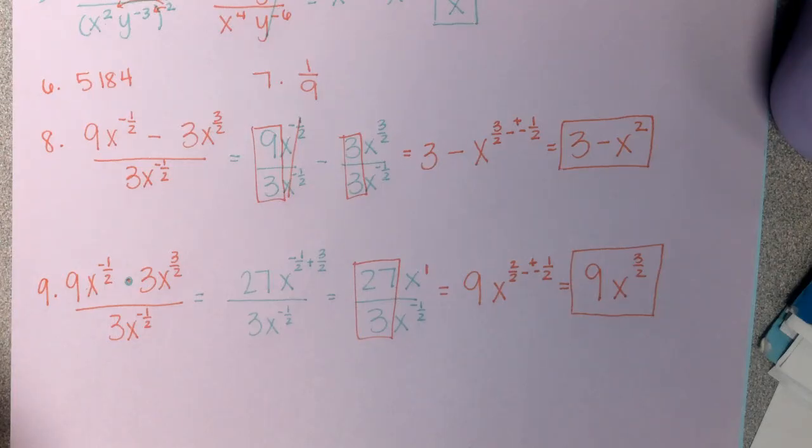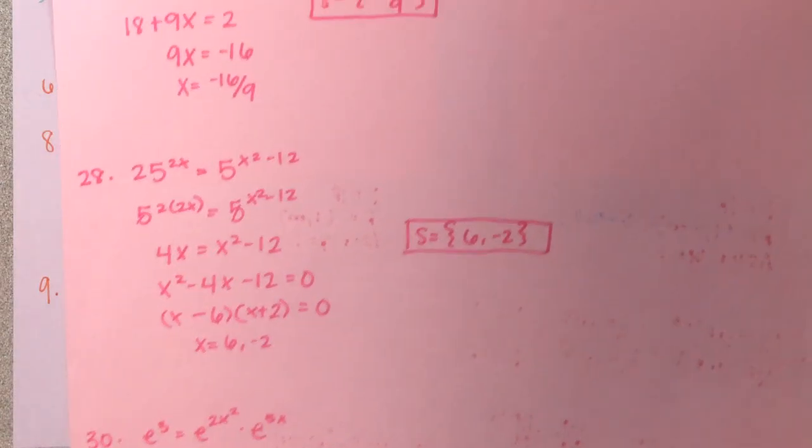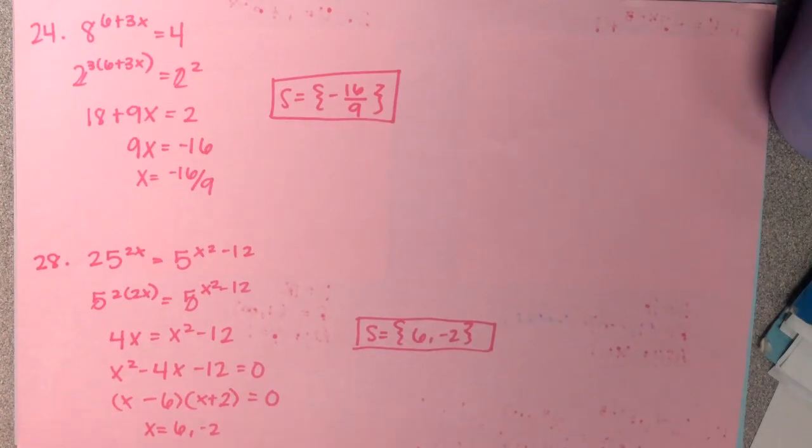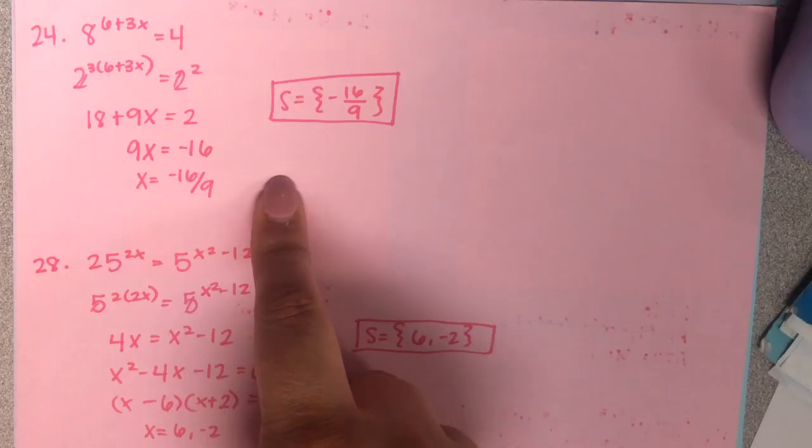Y'all, those last 3 questions are your quiz questions. So 24, 28, and 30 are the quiz questions. Is that the same question from your quiz?